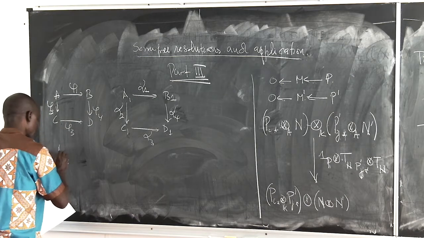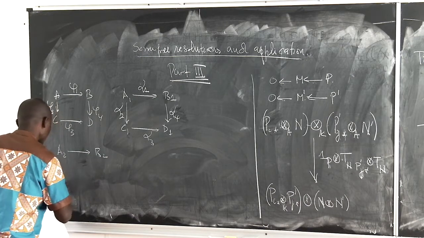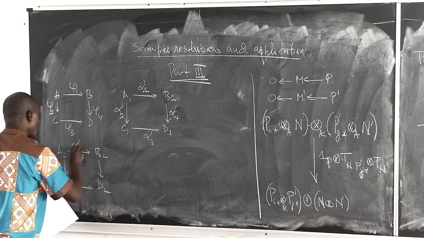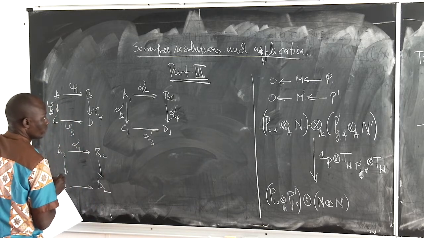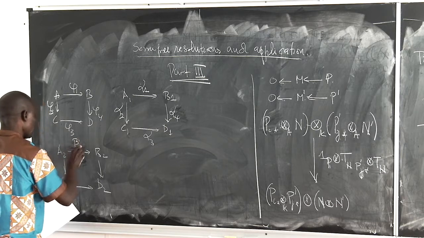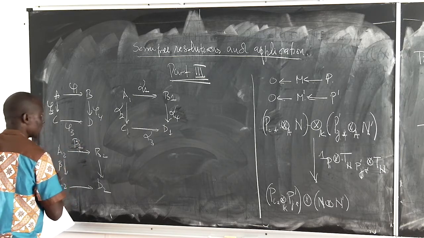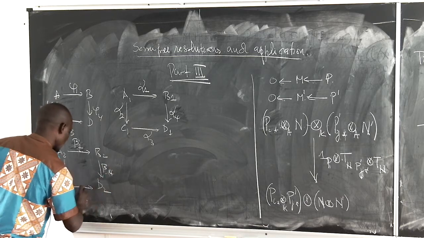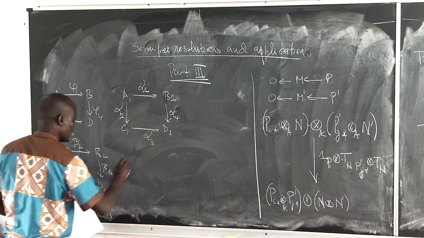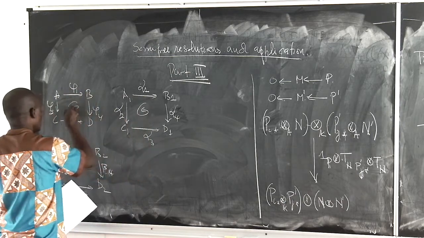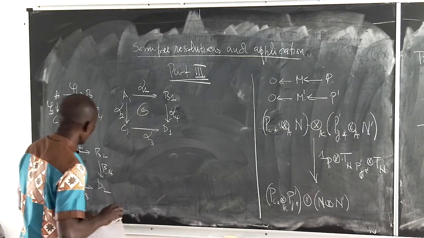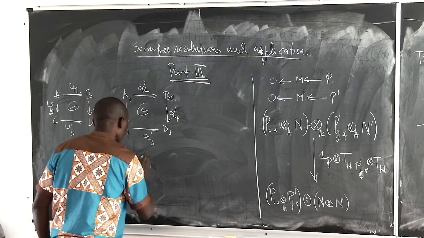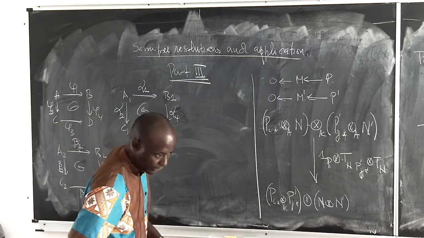We have here A2, B2, C2, D2, beta 1, beta 2 here, beta 3, beta 4 here. Then if these maps are commutative up to homotopy, then we have this commutative diagram.